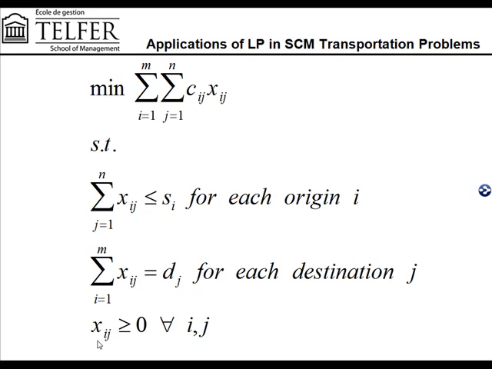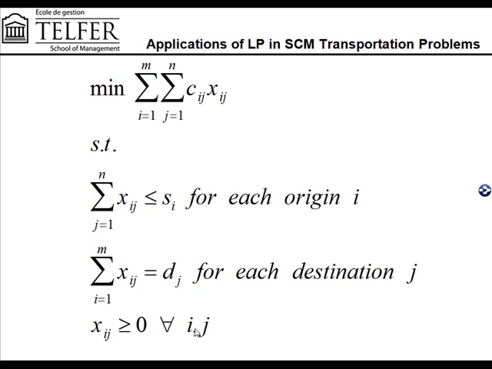Also, all of your flows, which are shown as x, are greater than or equal to 0 for all i and j. So for all of your supply and demand points, any flows in your solution should be greater than or equal to 0. That is the non-negativity constraint that I spoke of before. So that is your formulation for a general transportation problem.